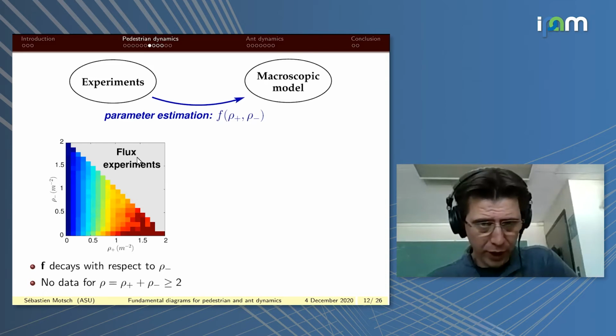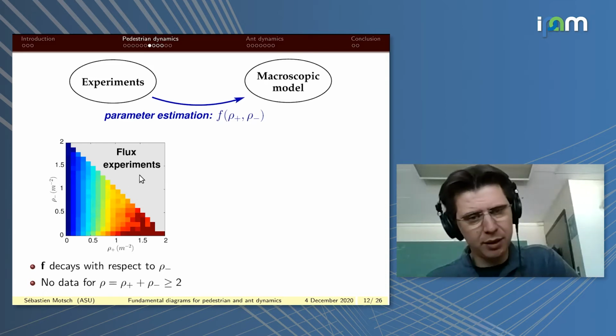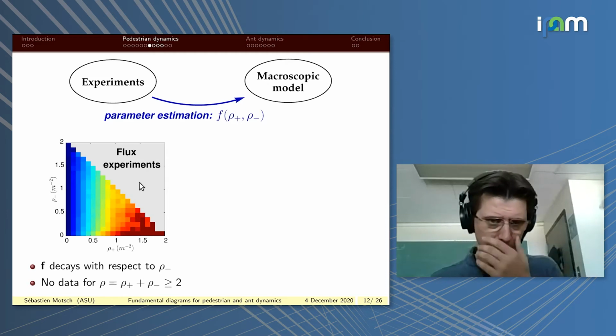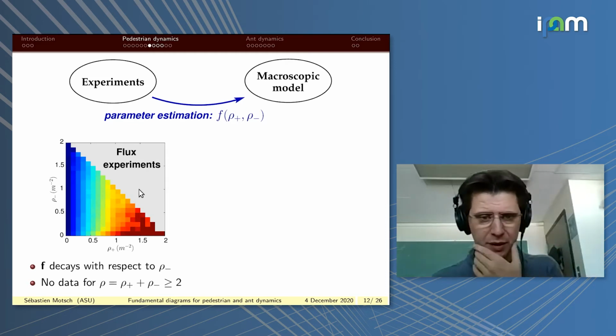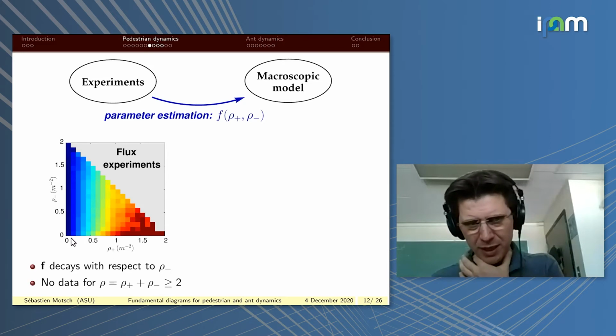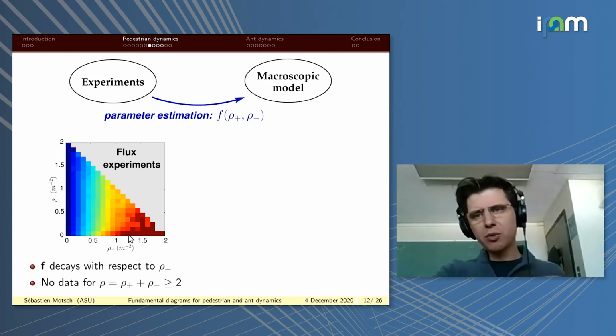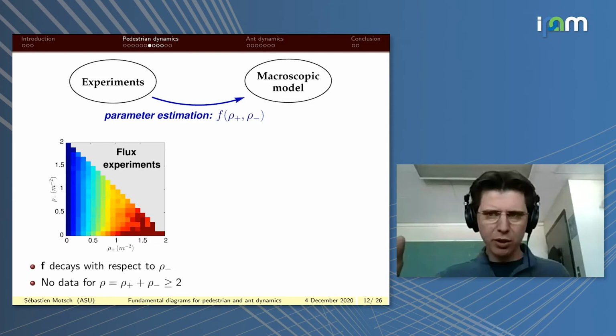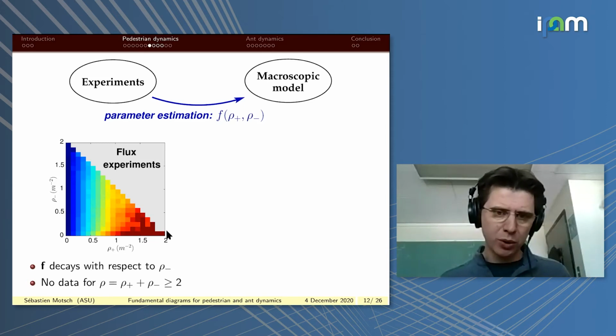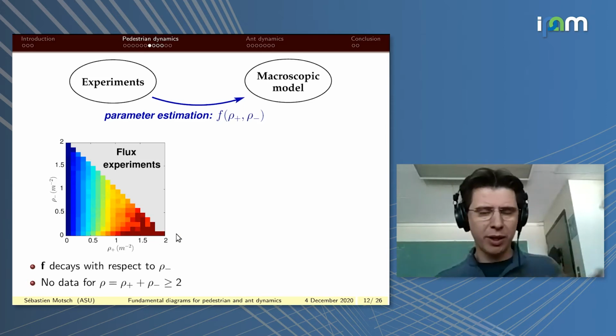But even though we cannot have very high density data points here, nonetheless we see the effect of rho minus. For rho plus, it looks like we're almost in a free flow regime. It increases and then plateaus, but doesn't really go down. We wish we could go to higher density, and we don't have that.